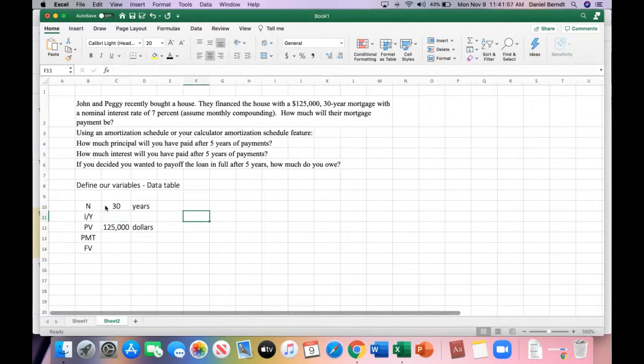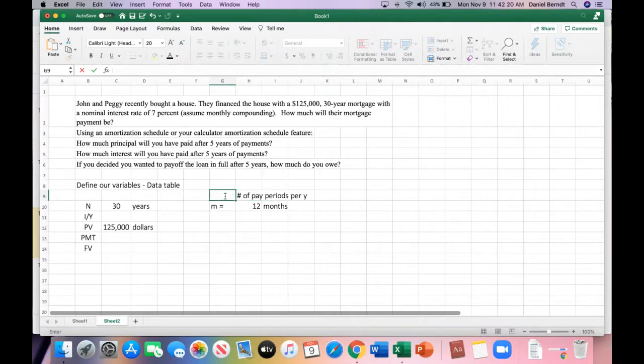It says to assume monthly compounding. So I'm just going to come out here and say M equals 12 months, because M is just the number of compounding periods, or in this class, we'll say periods per year.